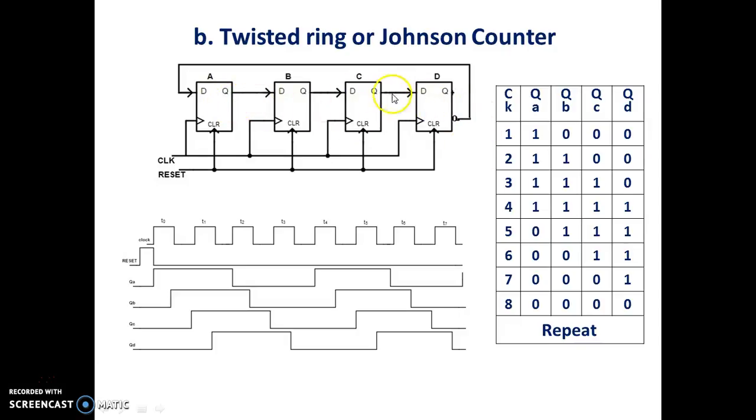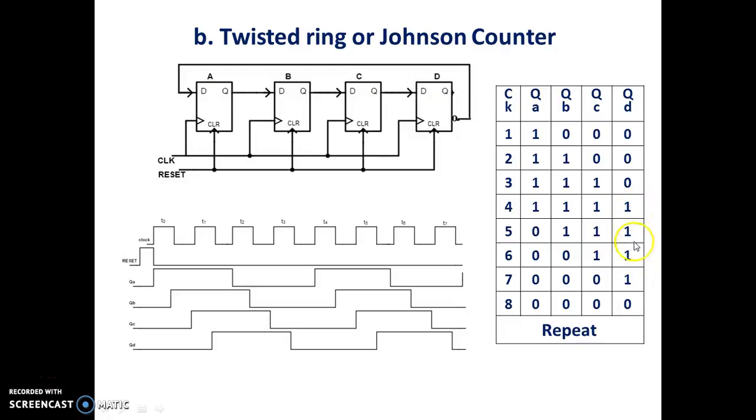Now after 4 clock pulses, as Q becomes 1 here, the Q bar becomes 0. Now 0 is fed back to D. Now 0 goes inside every time the clock is given because the Qs are getting 1 now.